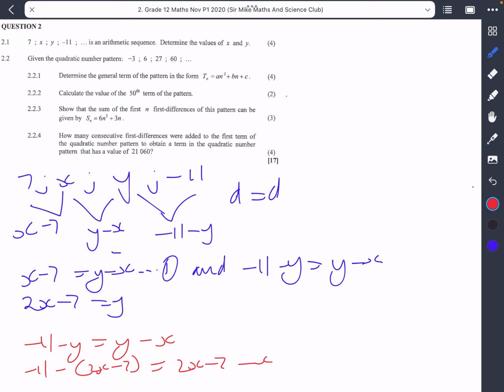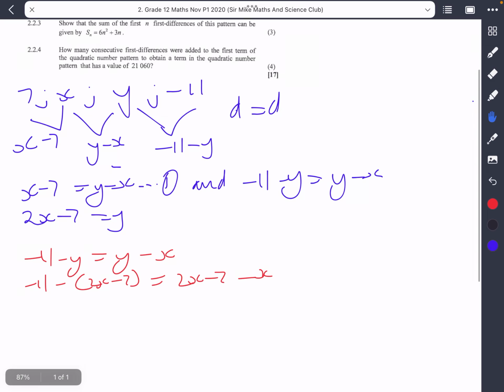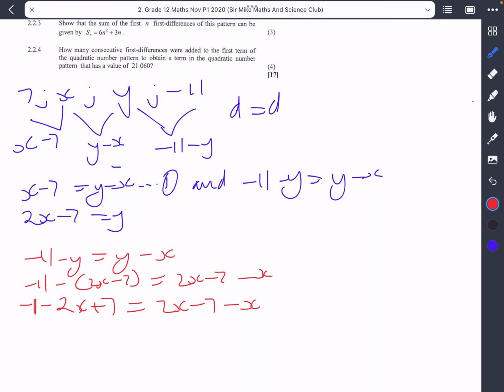Let me scroll down so that I have somewhere to write. I'm going to distribute that negative, so I would have negative 11 minus 2x plus 7, which equals 2x minus 7 minus x.